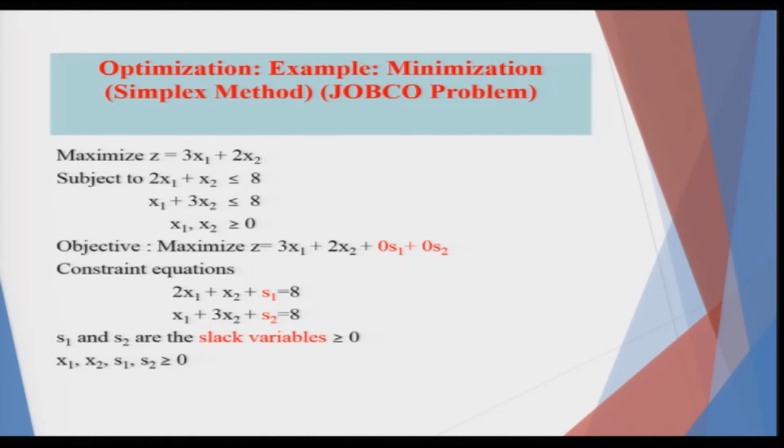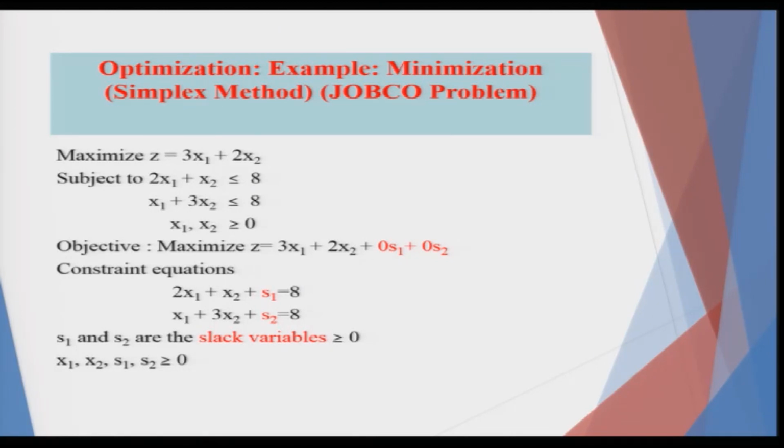So, it will be 3 x1 plus 2 x2 plus 0 into S1 plus 0 into S2 as the objective function, and when you add the slacks and surpluses in this problem, the first constraint converts into 2 x1 plus x2 plus S1 is equal to 8, and the second one would be 3 x1 plus 3 x2 plus S2 is equal to 8.